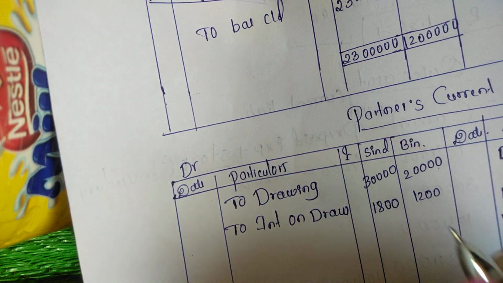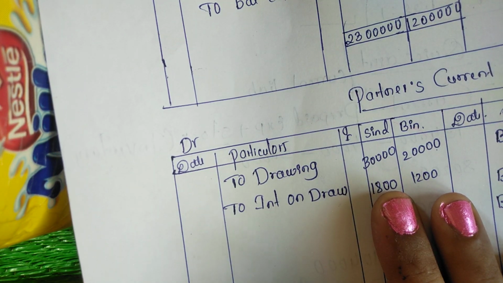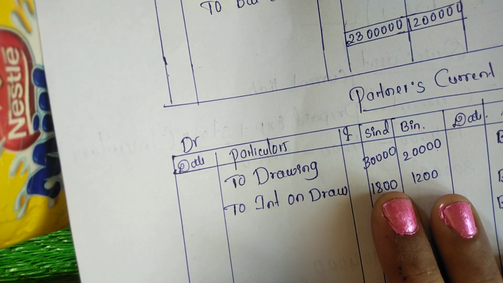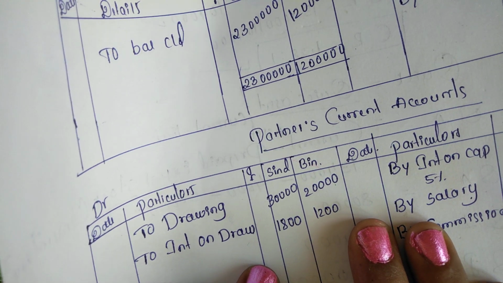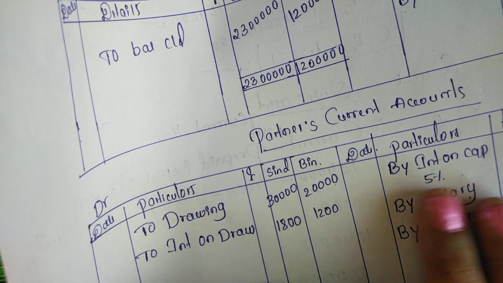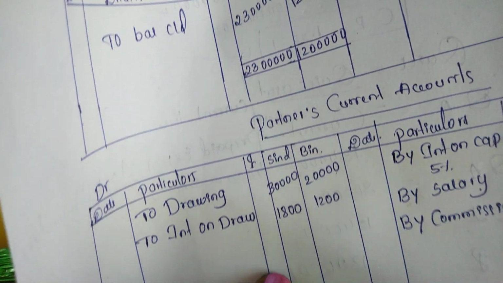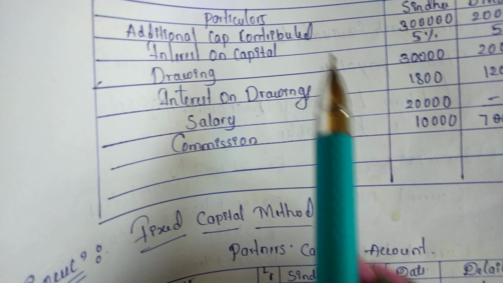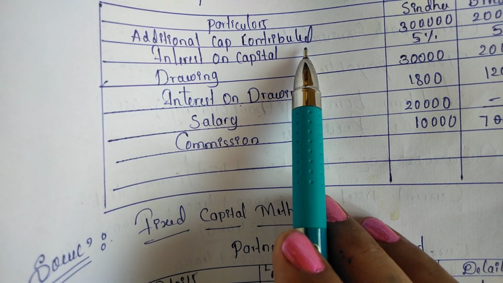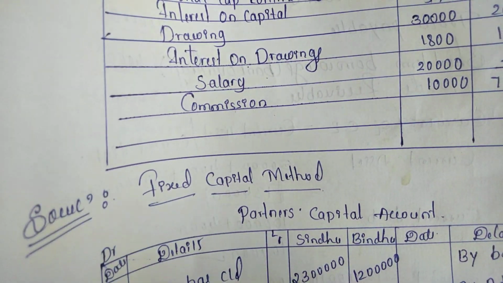You should remember one thing: in a partner's current account there are only two items on the debit side, one is the drawings and the second is the interest on drawings. Any other adjustments, all the other items, come on the credit side of the current account. Here all adjustments are over. The additional capital contributed is also taken here: the interest on capital, drawings, interest on drawings, salary and commission.